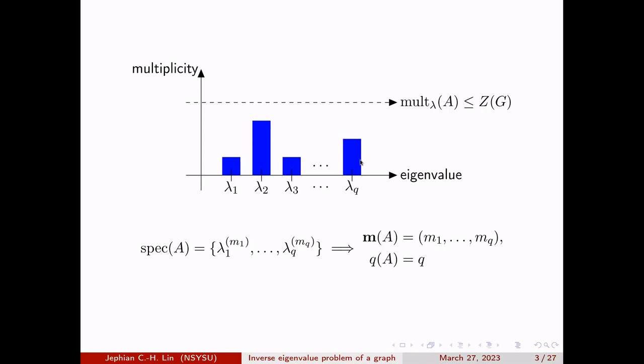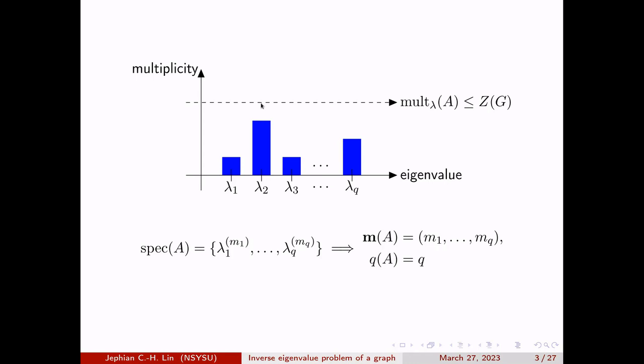So there are a few things that we can ask about the features of this spectrum. For example, if you look at all the matrices in S of G, what is the maximum height of this picture? Different pictures have different heights. In other words, if I look at a matrix in S of G, what is the maximum multiplicity of this spectrum?